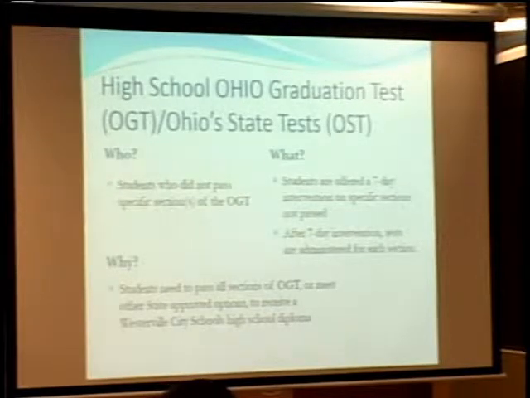In order to get kids prepared, the kids that may not have passed those assessments, this is an opportunity to not only give them the test, but also do 7 days of intense intervention with them that's solely focused on the content, to get them over the hump so that they can pass that test and earn their high school diploma.